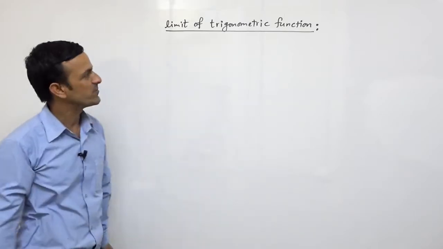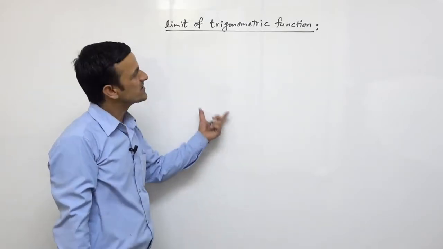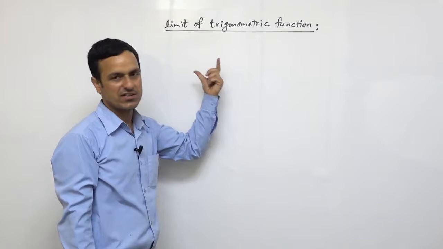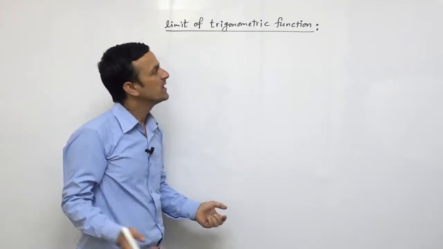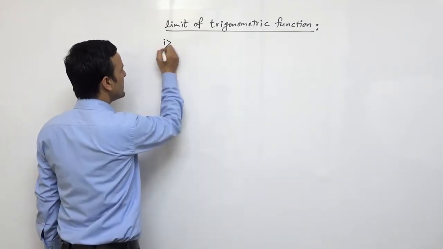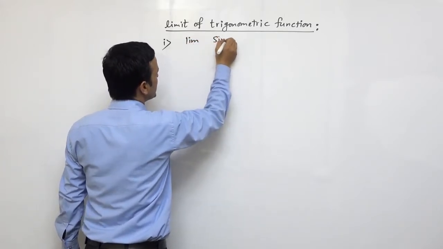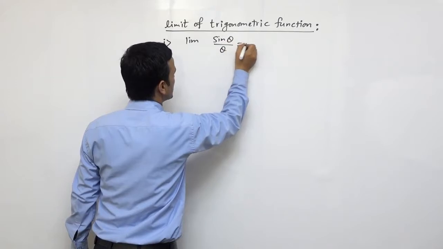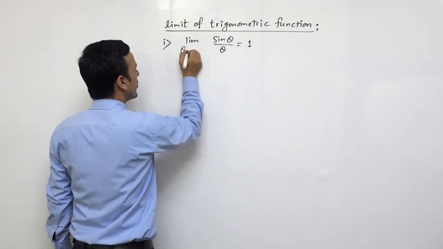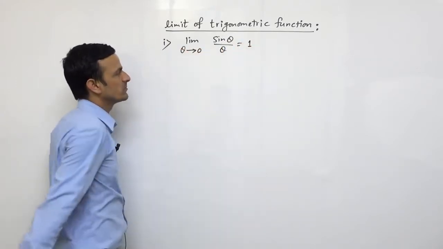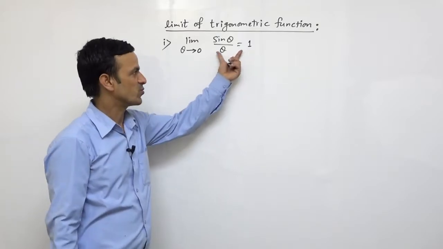भर्खरै हामीले एउटा थियरम ज्योमेट्रिकल थियरम पढ्यौं sin theta by theta when theta tends to 0 is equal to 1. So we have three limits over here. Limit sin theta divided by theta is always 1 when theta tends to 0. Just now we have proved this one.